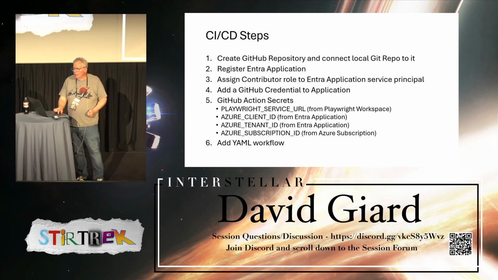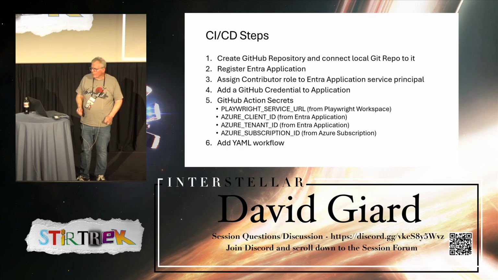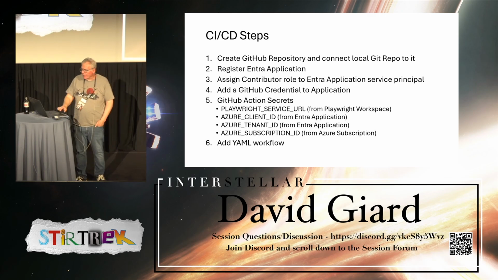Give that principal account the contributor role, and add the GitHub credential to the application, which gives it permission to deploy to GitHub, and then add these secrets in here. These 4 secrets are important. Put those into the GitHub portal. That's a little bit complicated, I found it non-intuitive. That's why I created a video, which I'll share with you. And then you create the YAML workflow, which references all this stuff right here.